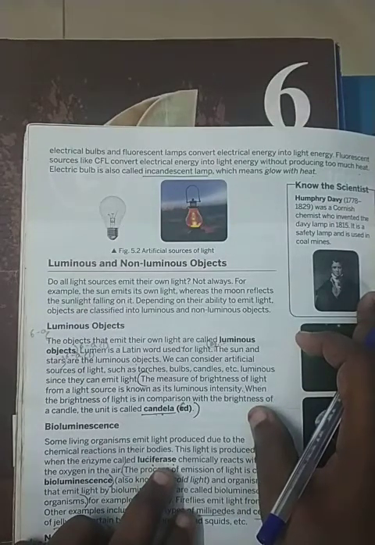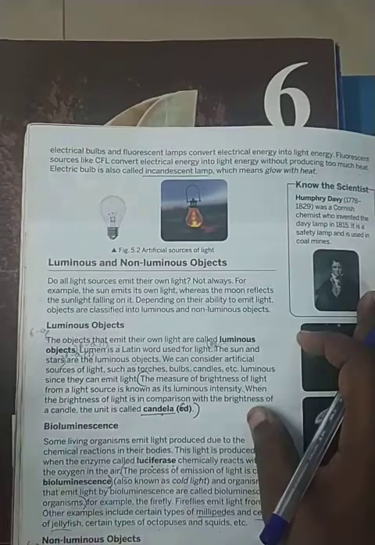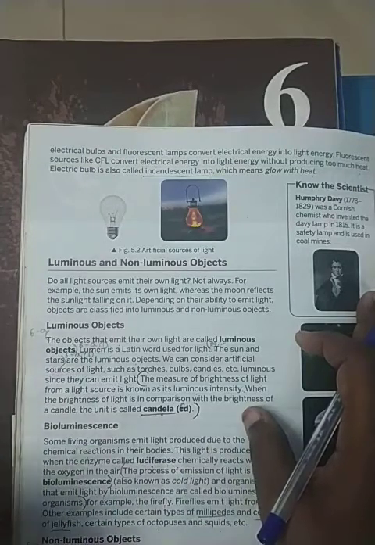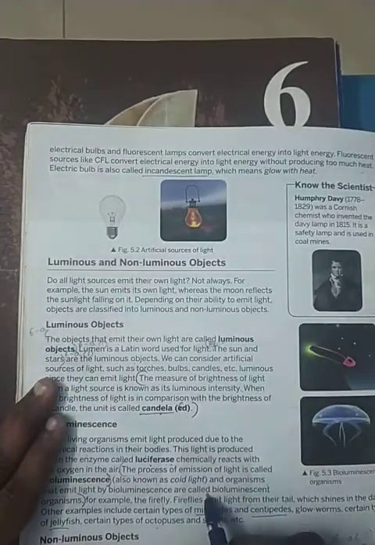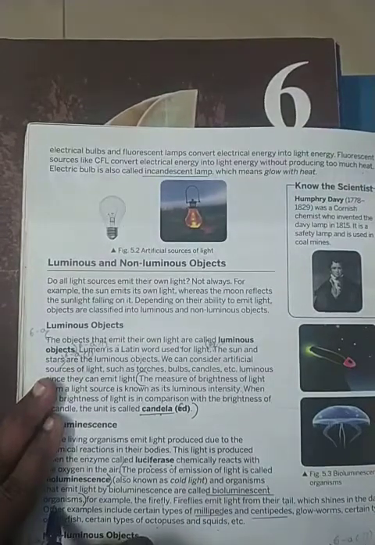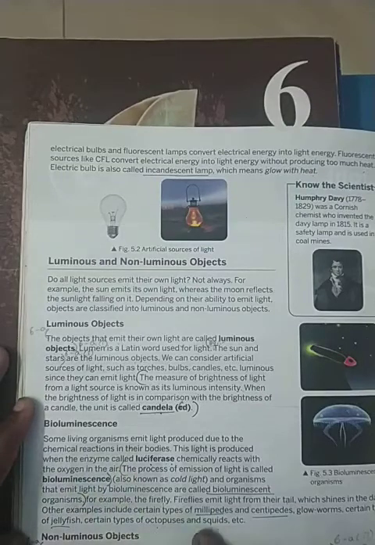This luciferase reacts with oxygen and gives that glow, or light. So these organisms are called bioluminescent organisms, and this process is called bioluminescence. Example, we have the firefly, some octopuses, the jellyfish, etc.